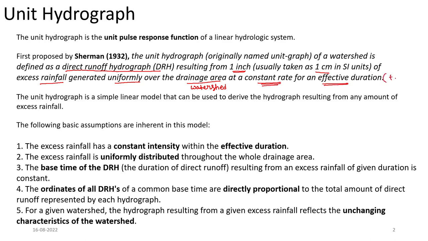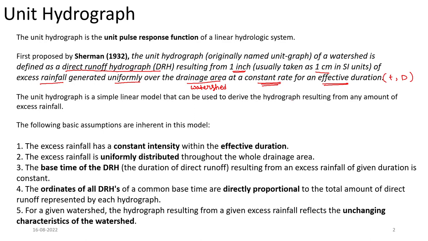This duration can be T or D, for example any duration, maybe 1 hour, 2 hours. Let's read once again: a unit hydrograph is a direct runoff hydrograph resulting from 1 centimeter of excess rainfall generated uniformly over the entire drainage area at a constant rate for an effective duration.